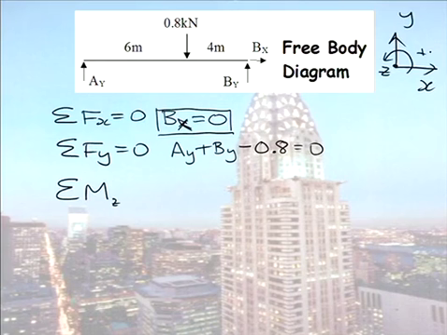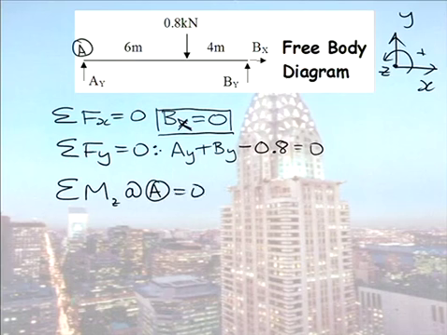So when you take moments, I said you need to define the point at which you're taking moments. Easiest place to take moments is at one of the supports. So let's take moments at support A. And a sum of the moments equals 0. We know that for a fact because our structure is stable. It's not moving, so it must be in equilibrium. So let's take moments at A. What is a moment? A force times a distance.